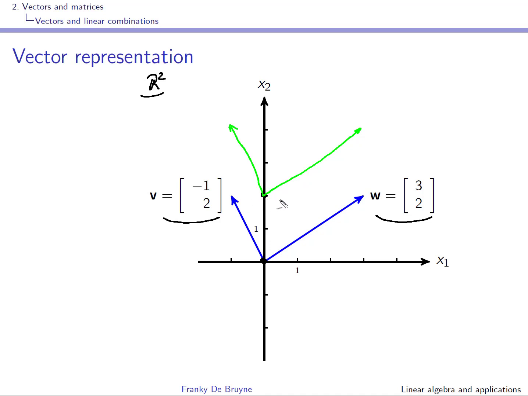They are equivalent in the sense that the direction is the same, and the magnitude of the vector is the same. In this course, in general, we will locate the vectors at the origin of the reference frame.